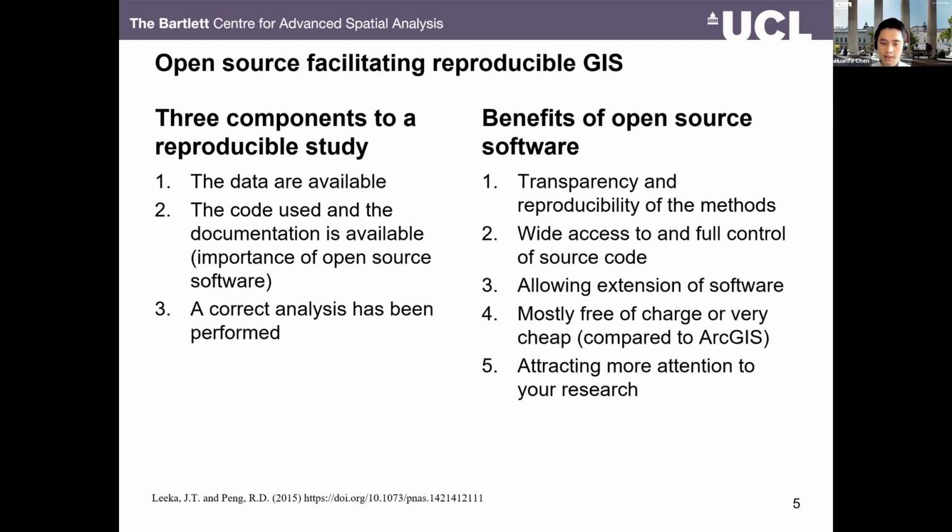And the fourth point is that although open source doesn't mean free of charge, most of it can be used at no or very cheap cost, especially when we compare to the license fee of ArcGIS. And finally, using open source, you can attract more attention to your research.